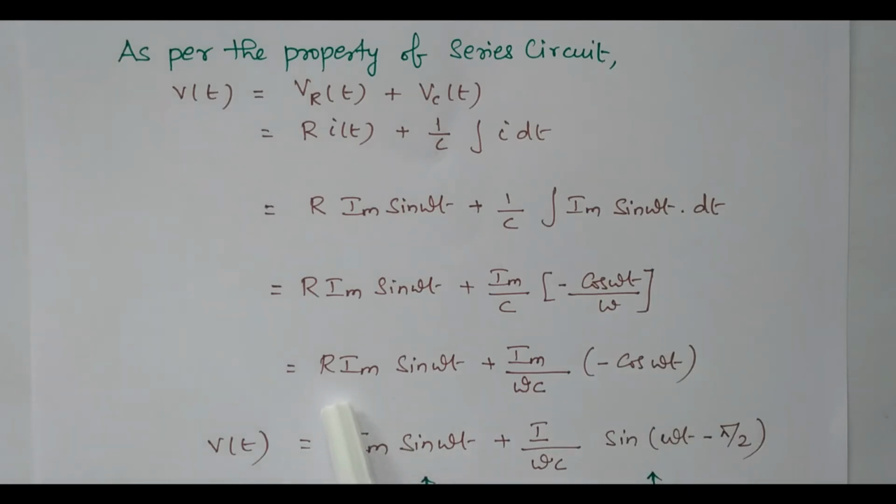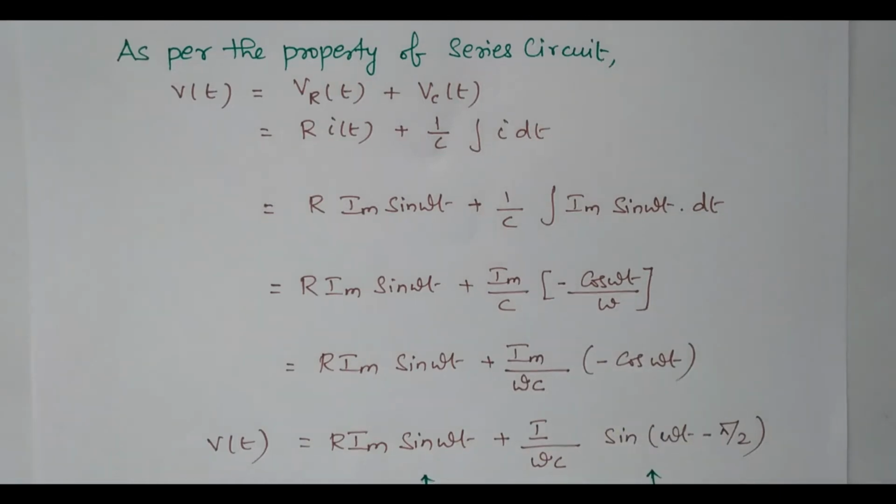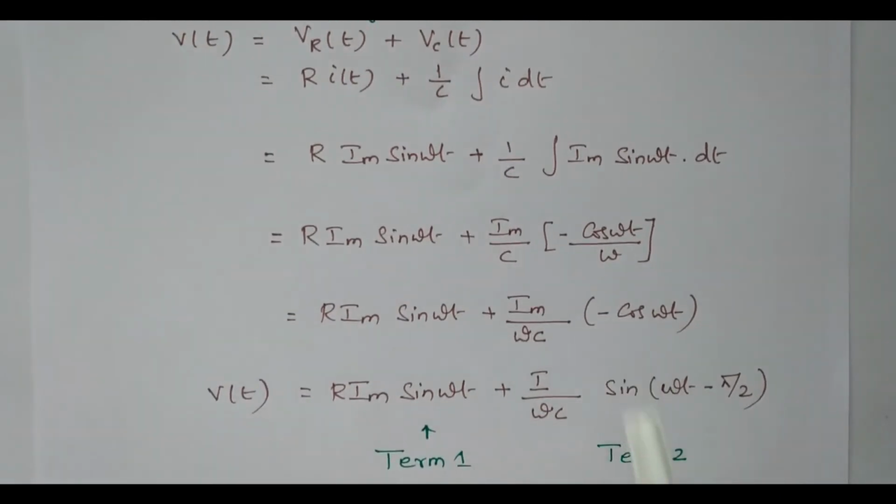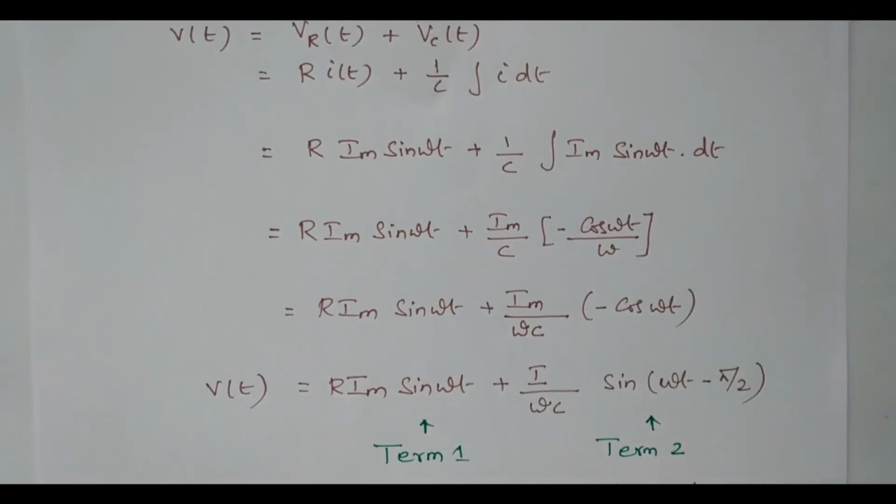So what will happen here: R Im sin omega t plus Im by omega C. This omega is taken outside, so omega into C, minus cos omega t. So this minus cos omega t can be written as sin of omega t minus pi by 2. Right? Minus of cos omega t can be written as sin of omega t minus pi by 2.